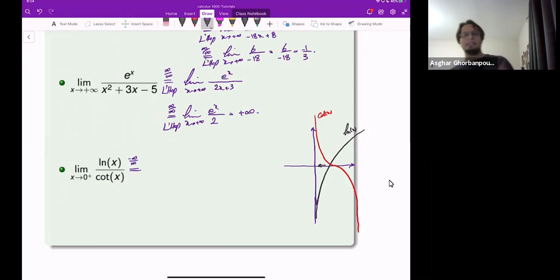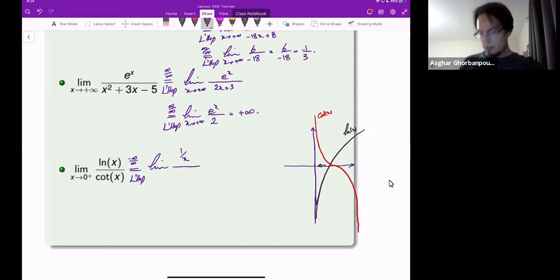Negative infinity over infinity, you have to deal with it as infinity over infinity. What we do, well, I bring my magic box and replace ln x by its derivative, which is 1 over x. Replace cotan x by minus cosecant squared x as x goes to 0 plus.